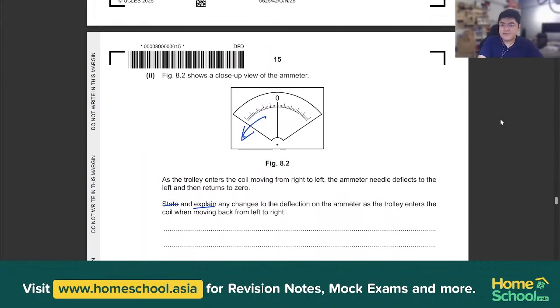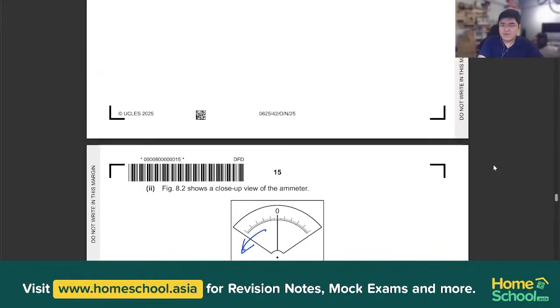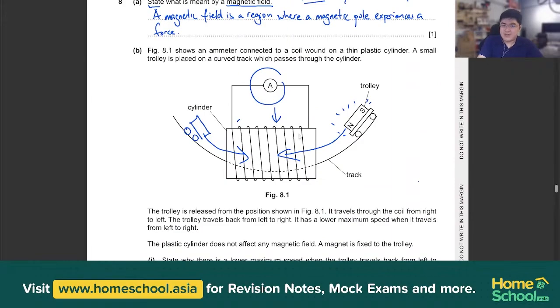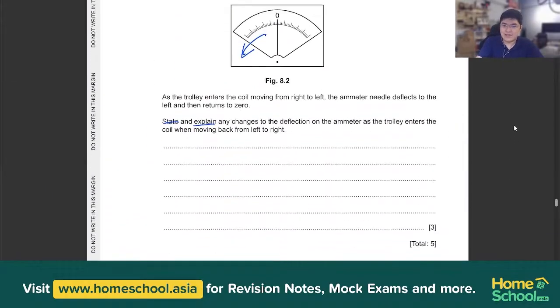So basically, when it moves from left to right, the induced current over here still moves in the same direction as when the trolley moves from right to left, but the deflection will be less. So let's write that down.